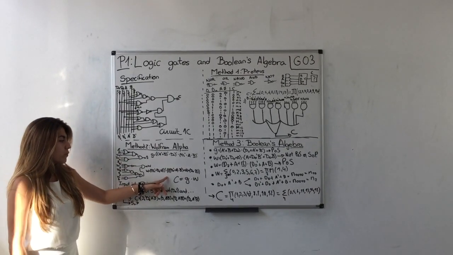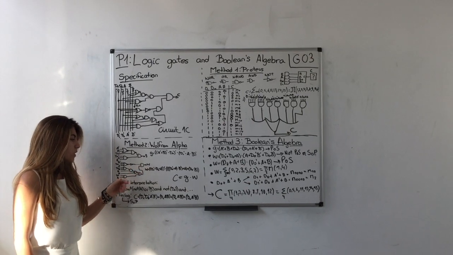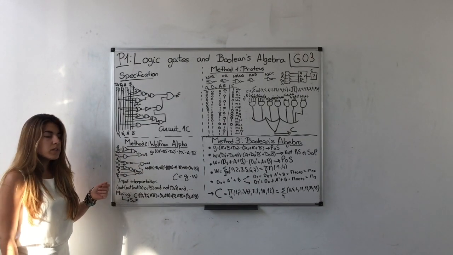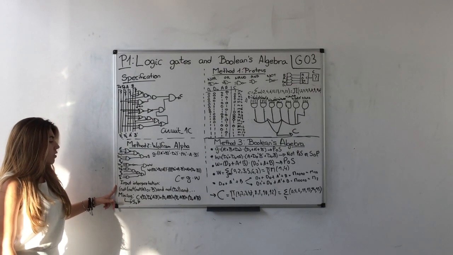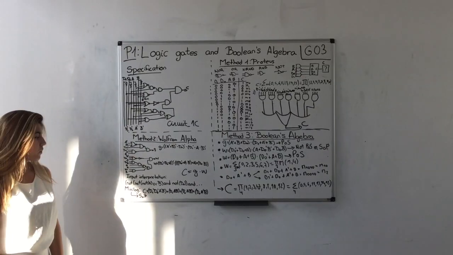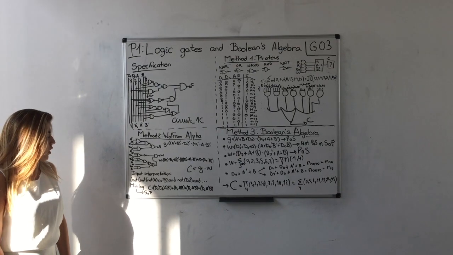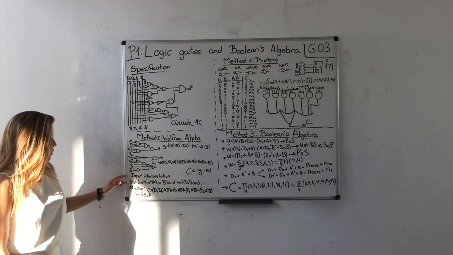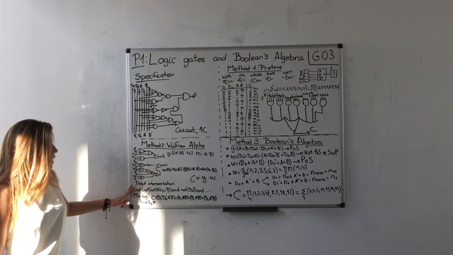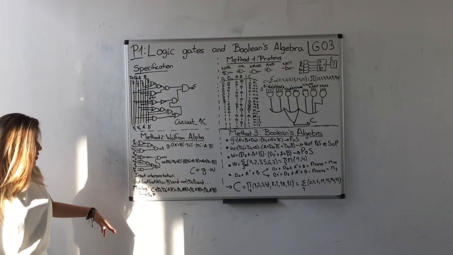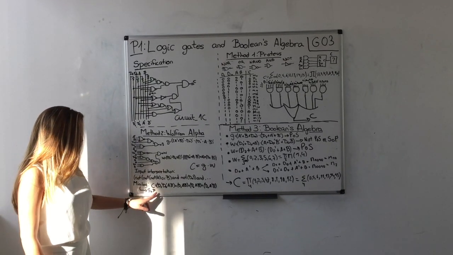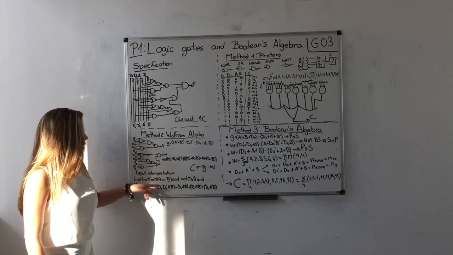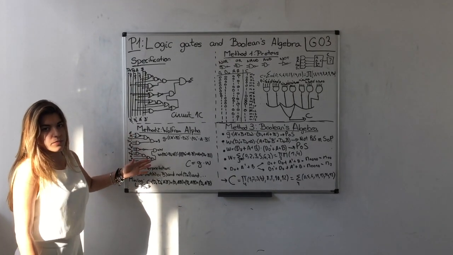The C is the product of G and W. On the Wolfram website, we put this input interpretation in the Wolfram language. In the minilog program, we put the truth table from Wolfram and we obtain a simple equation and truth table. This expression is a sum of products, the circuit C.